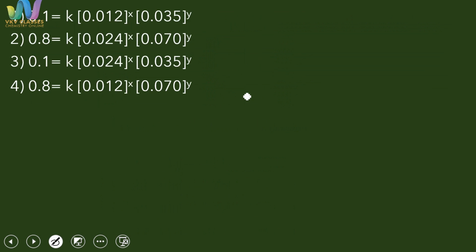These 4 rate equations can be solved just like algebraic equations, and we can find out the values of X and Y so that we can write down the rate law. For that purpose, first let us divide equation 3 with equation 1. The left hand side will be 0.1 by 0.1.